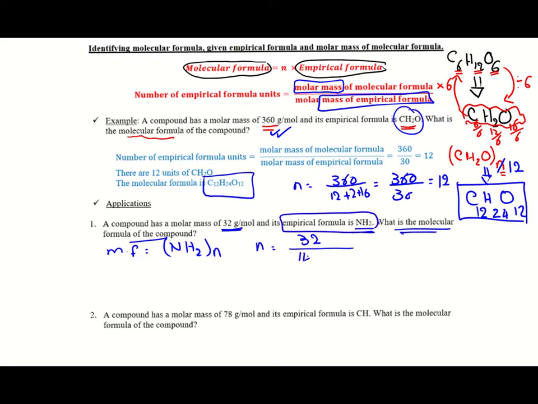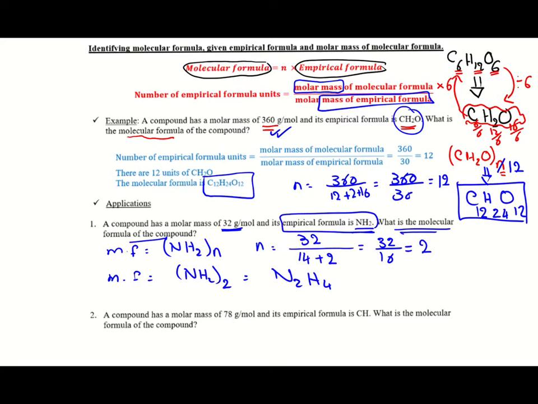N is 14, hydrogen 1 into 2, so 32 over 16 equals 2. So molecular formula equals NH2 times 2 equals N2H4.